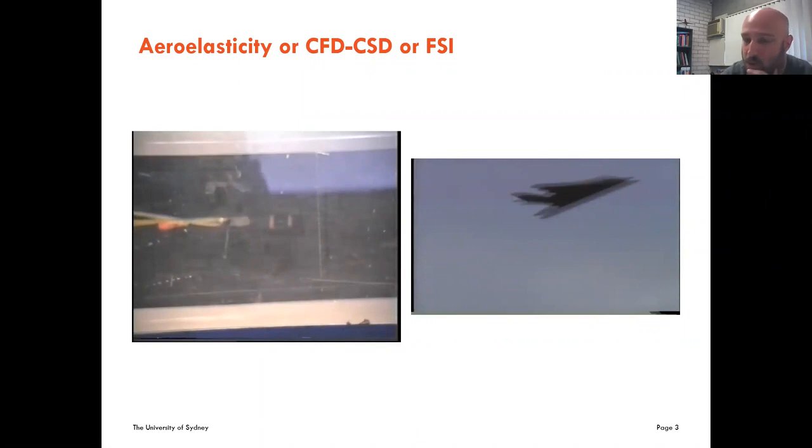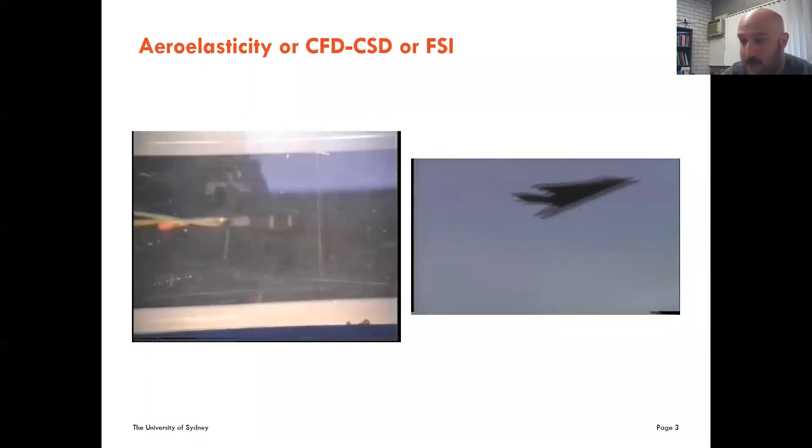And the video you saw was an experiment done here at Sydney quite a long time ago now. That's a very simple wing, and you can easily model that in a linear environment, and you can get very good and very accurate answers by just using simple panel methods coupled with a simple structural solver.